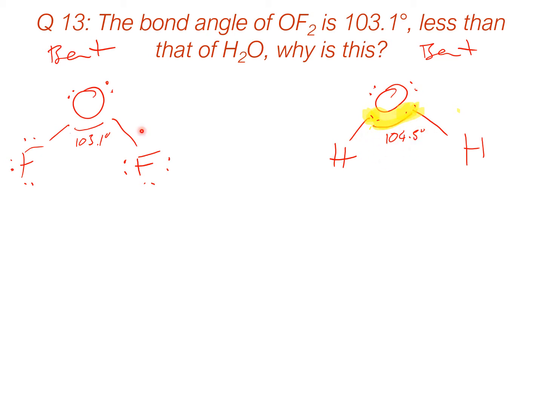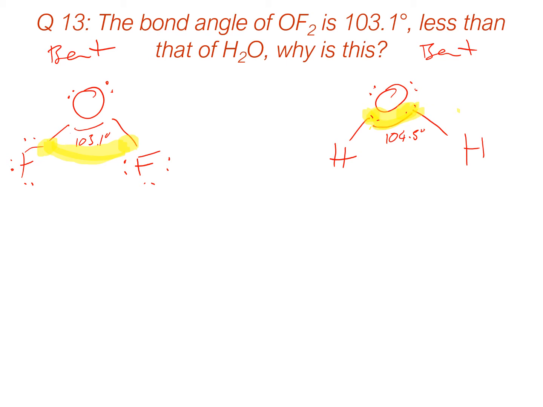If we look at the electron density in the OF2 molecule instead, fluorine is the more electronegative element. So the electron density is more towards the fluorine end of the bond, and the bonding pairs will be much wider apart because they're further from the centre.